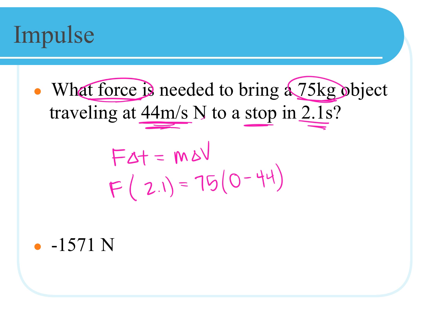So 75 times negative 44 divided by 2.1 gives me negative 1550.5 newtons. I was traveling north, so my force is opposing that motion.